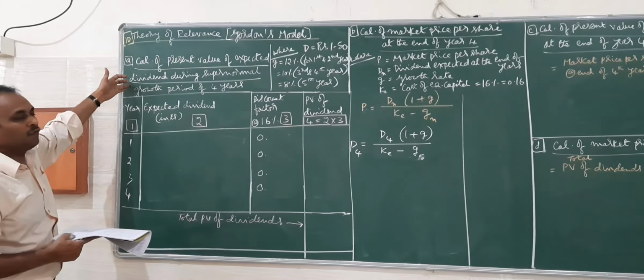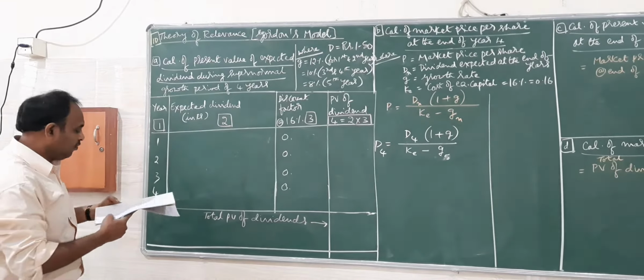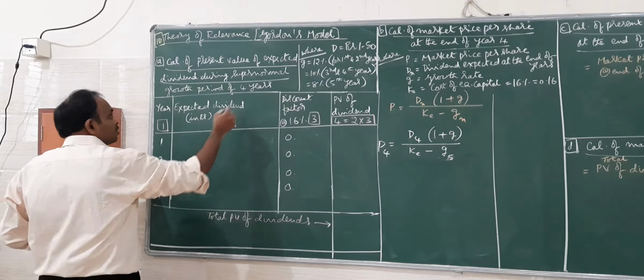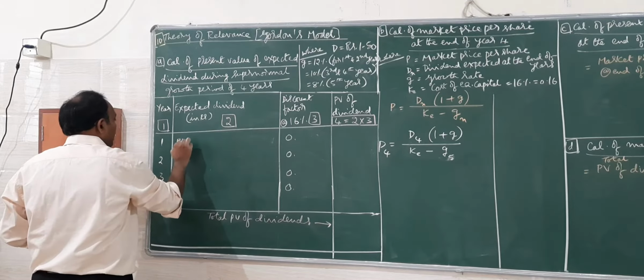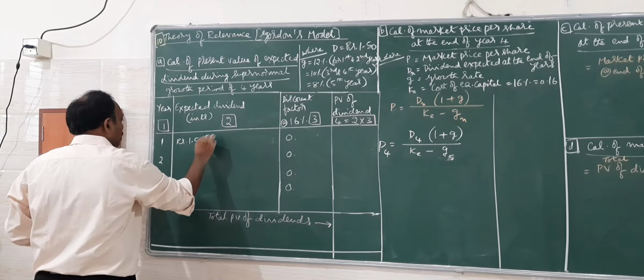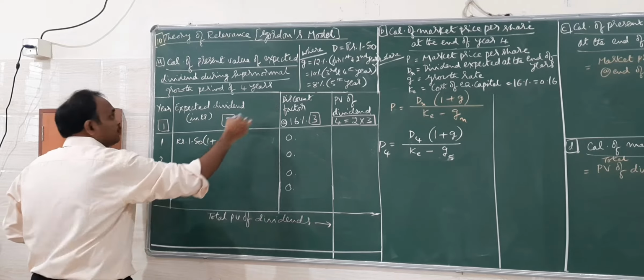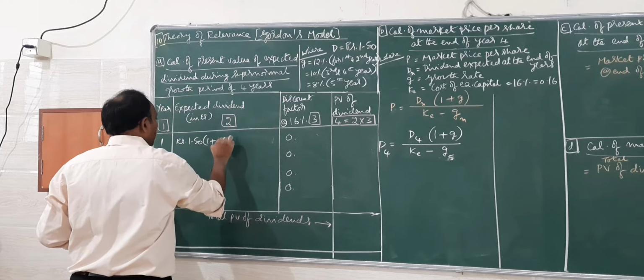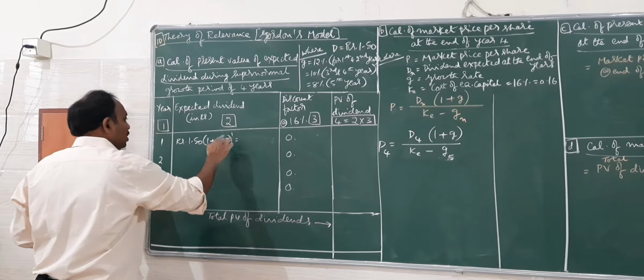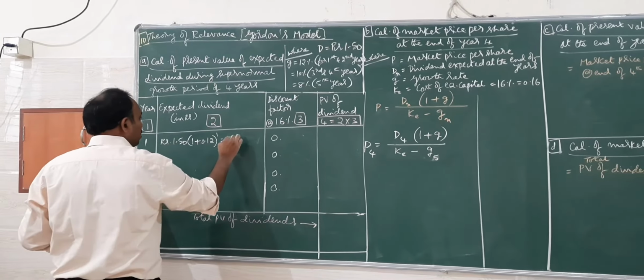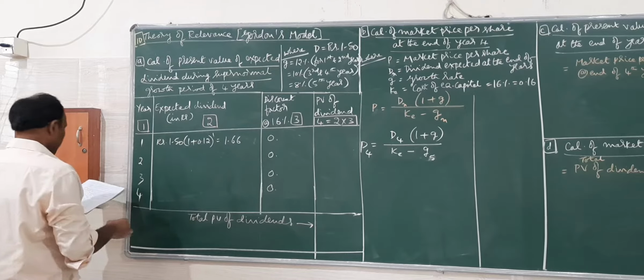The present value of the dividend growth in the first 4 years. So the first year the dividend is 1.50, expected to grow at 12% to the power of 1. It comes to 1.66.